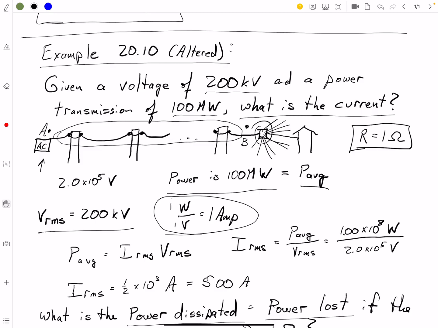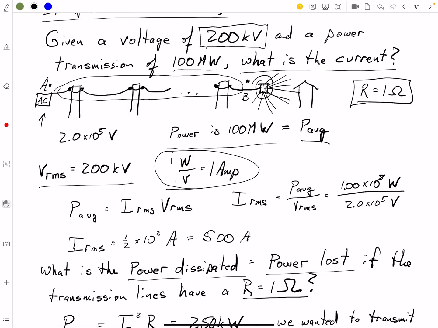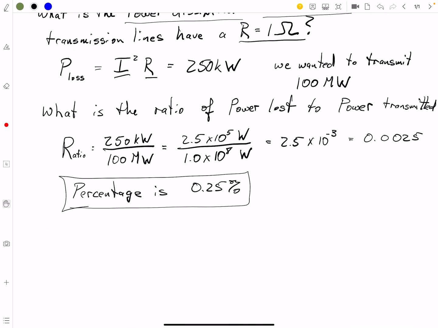Okay, so we're going to change the voltage here. Instead of 200,000 volts, which is a lot of volts, don't touch that wire, we're going to go down to, let's see, what did I write?